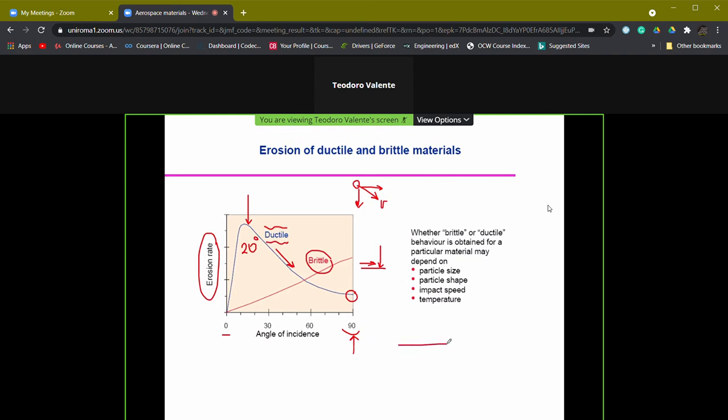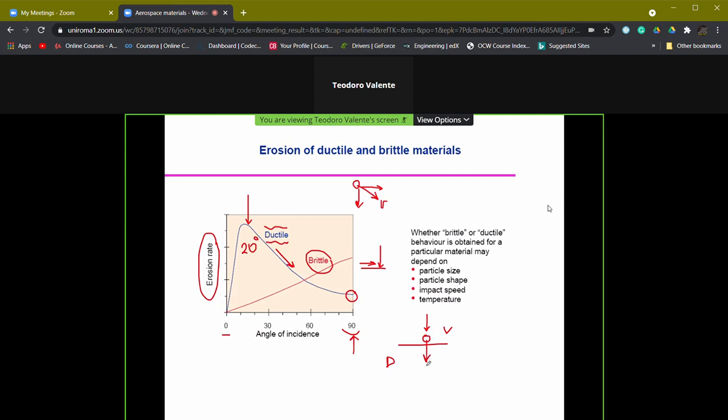And why can this happen? Because if we put our particles with a high velocity in a normal direction, and this is a ductile material, what can happen is that these particles, having, for example, a very sharp point, a very specific shape, can be embedded inside the material itself, and so there is no reduction in material, due to the fact that this base material is ductile, so it can be plasticized, and the particles can then be embedded.